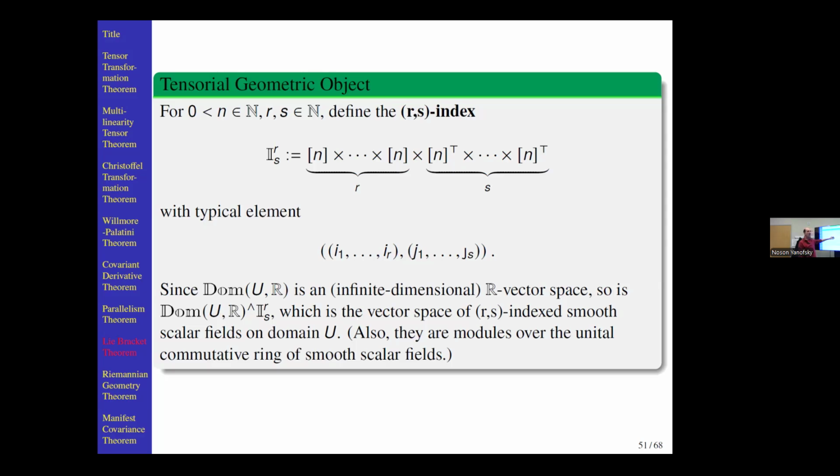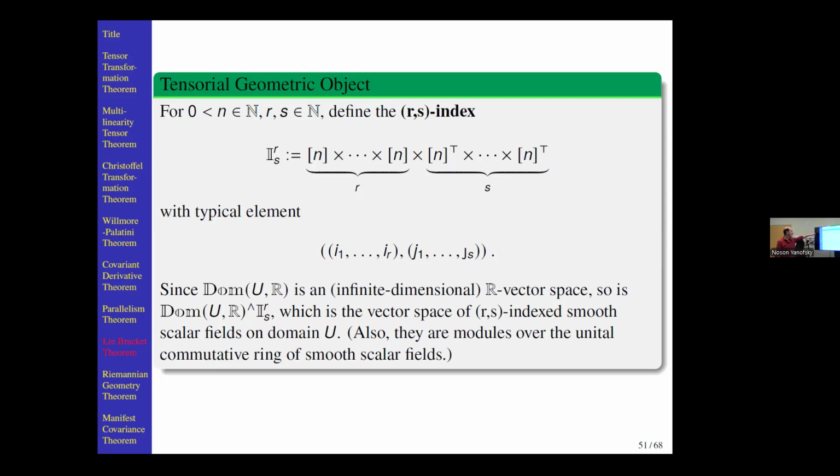But it's still R contravariant indices and S covariant indices, and there's a typical element of that. The smooth maps on U form an infinite dimensional vector space over the scalars. If you take the exponent of that by the indices, you get the RS index smooth scalar field on a domain. But let's face it, you're just talking about a bunch of index smooth fields. Well, that's a tensor.